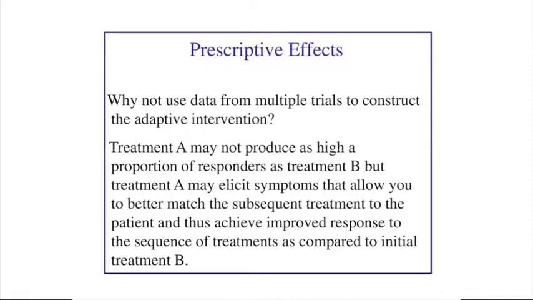The example in my mind when I think of this is a behavior change setting, where I have one treatment which doesn't have a lot of emphasis on adherence and motivation versus another treatment that spends a lot of time and effort on adherence and motivation. The first treatment may not do as well initially, but it'll identify the people who really need a lot more help with their motivation and their adherence, and thus allows you to match a subsequent treatment to those people more effectively.